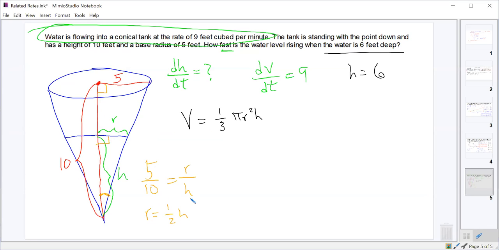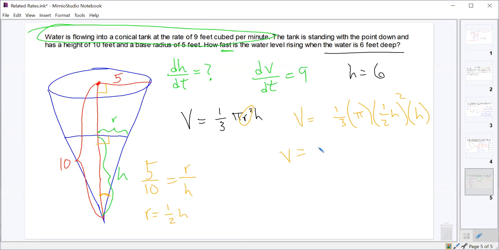And I think you said h is equal to 2r, which is good. But we need to replace the r in here because we have to do everything in terms of h. So I'm solving for r equals 1/2 h. Good or no? Wonderful. So volume is 1/3 pi r squared h, so 1/3 pi times (1/2 h) squared times h.